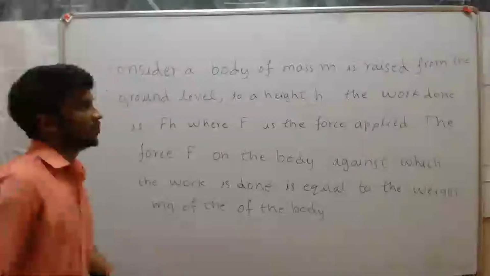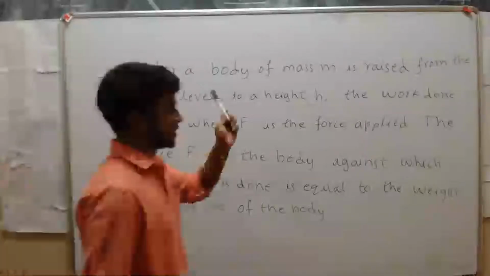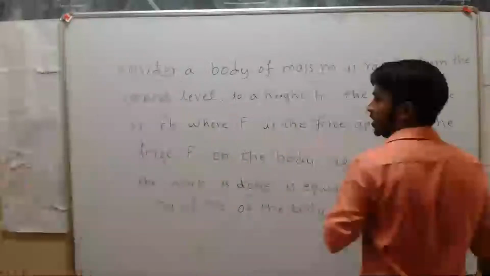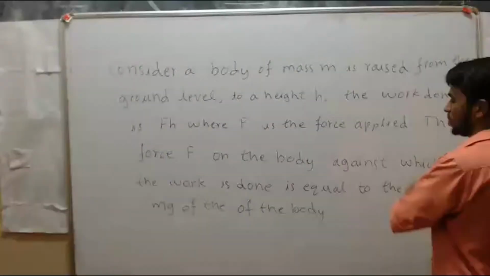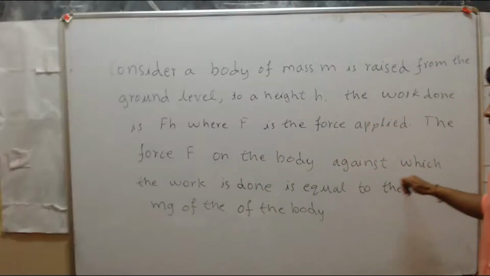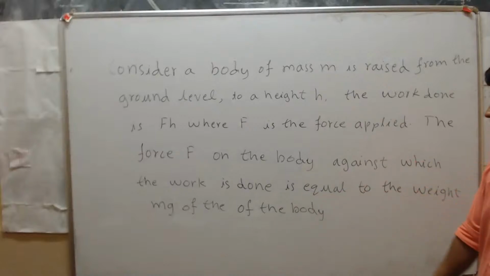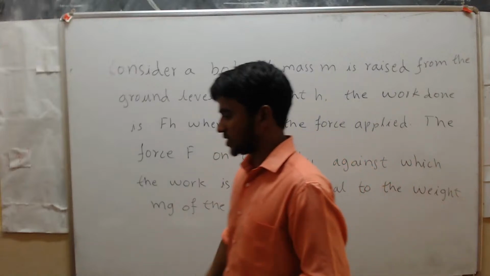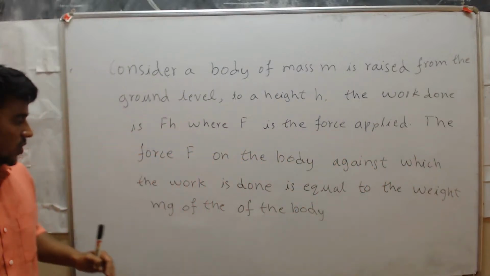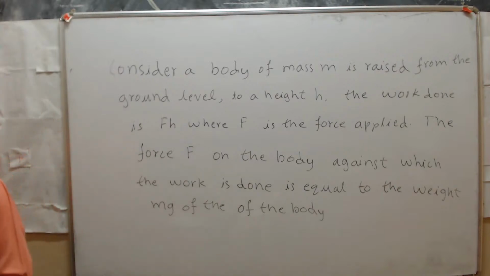See, consider a body of mass m is raised from the ground level to a height h. The force F on the body against which the work is done is equal to the weight mg of the body. You know, right? Here the work is done against gravity. So that's why we should take force equal to m into g instead of m into a.